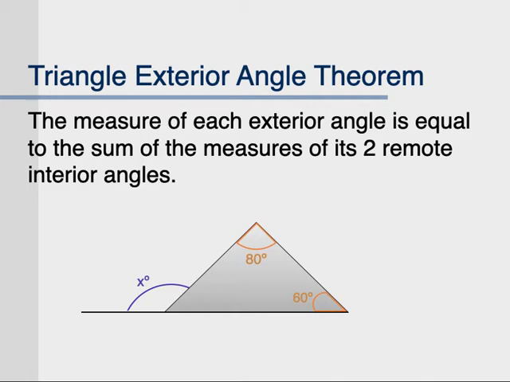In other words, if I'm trying to solve for an exterior angle, I could just find the sum of the 2 interior angles farthest away. That's your conclusion. Write that down. X would have to equal 80 plus 60, or in other words, 140 degrees.